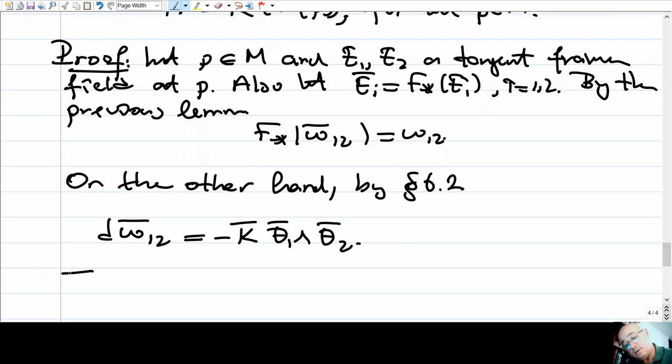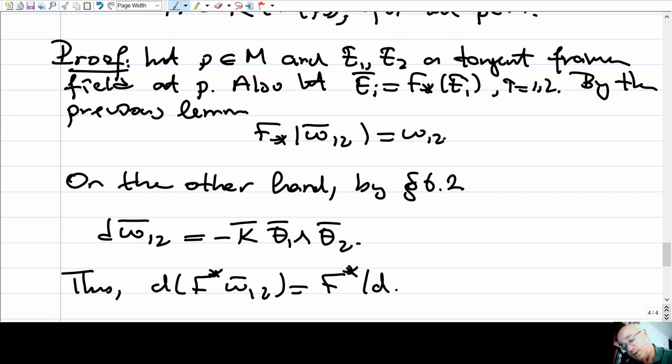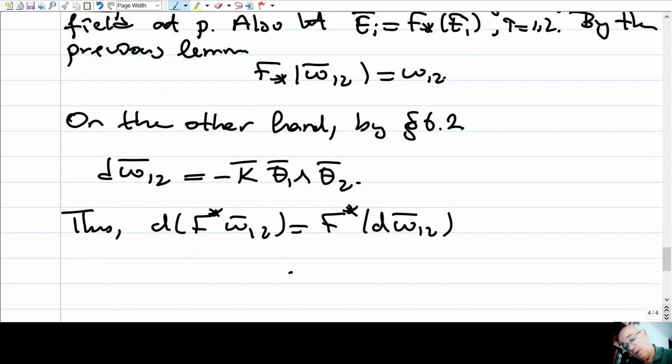So if I pull back d of omega 1 2 bar, this is just F star of d omega 1 2 bar, but this is just F star of minus K bar theta 1 bar wedge theta 2 bar.